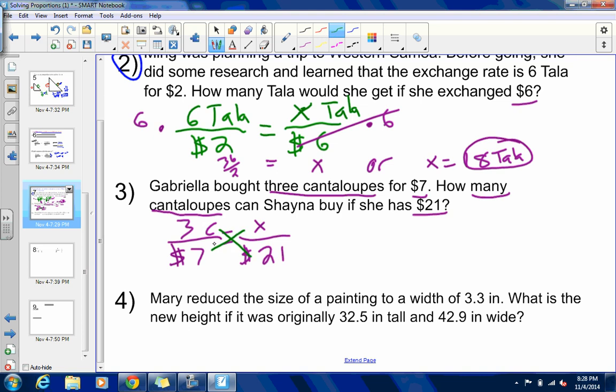So 7 times x equals 3 times 21, which is also just 63. So divide both sides by 7. x equals 63 divided by 7, which is 9. And we're looking for how many cantaloupes, so 9 cantaloupes would be your answer.